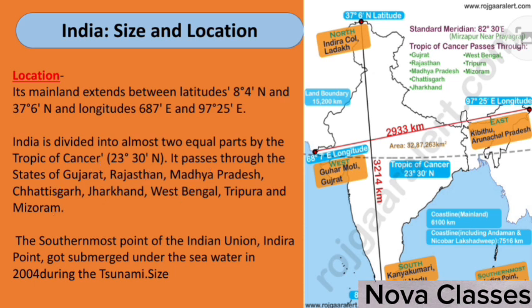Now, a very important point for discussion: the southernmost point of India. You can see that is north and that is south. What is the southernmost point of India? That is Indira Point. What do we call it? Indira Point. It got submerged under the seawater in 2004 during the tsunami.